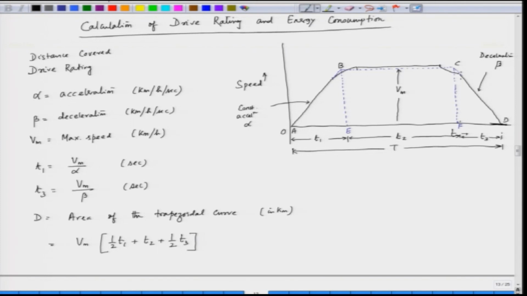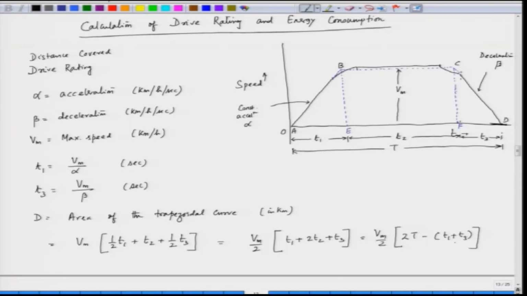If we simplify this, it is equal to Vm by 2 into, taking half common here, T1 plus 2 T2 plus T3, that is equal to Vm by 2 into 2 T minus T1 plus T3.